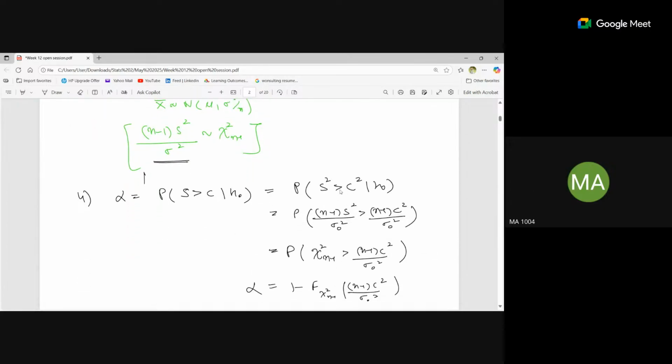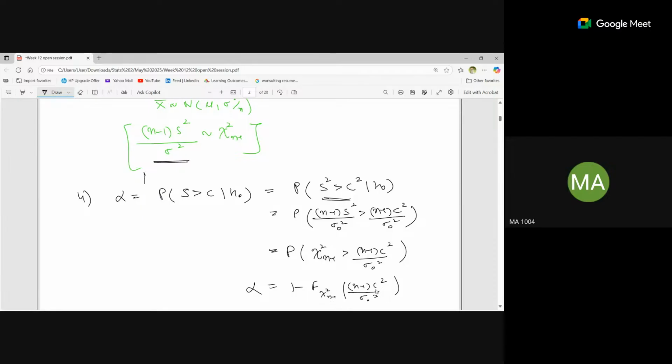See, if you look here, what distribution is this following? This thing is not following any distribution, right? So you have to convert this into some distribution, either z, t, chi-square, or f test, by multiplying and dividing the numbers. Then you will have some distribution. Now this thing is following a chi-square distribution with n minus 1 degrees of freedom.